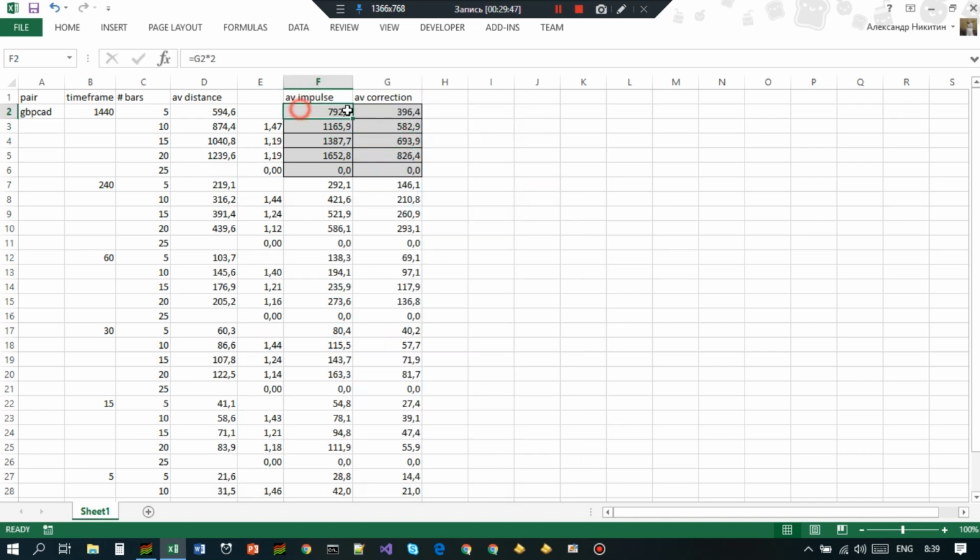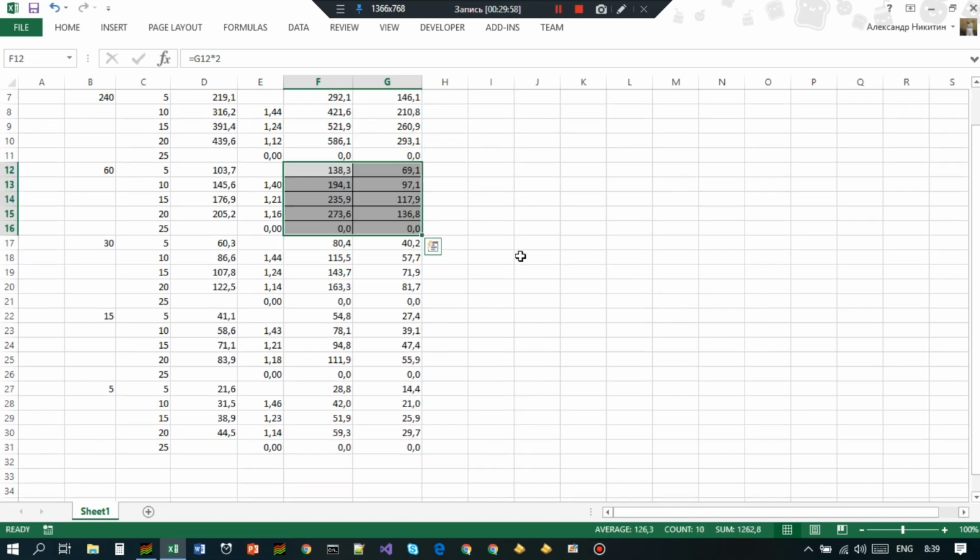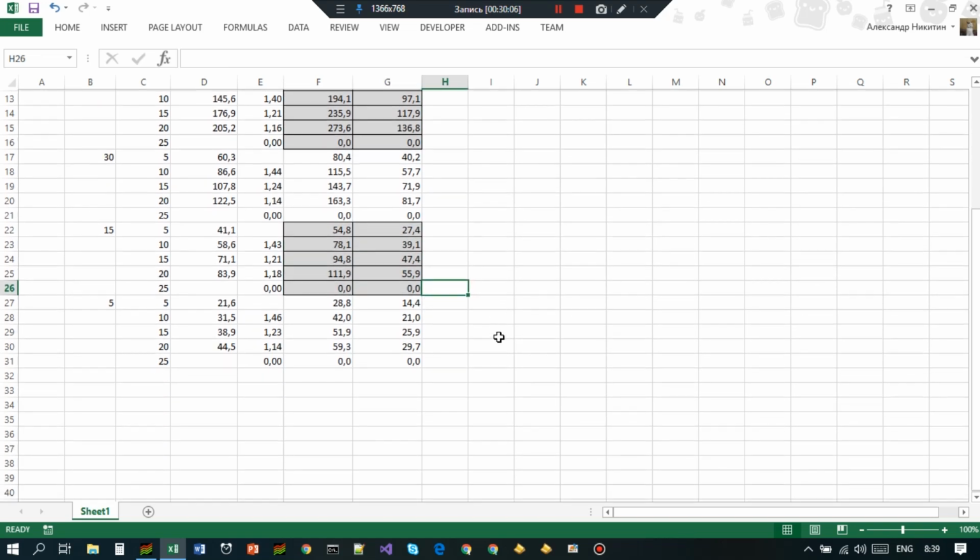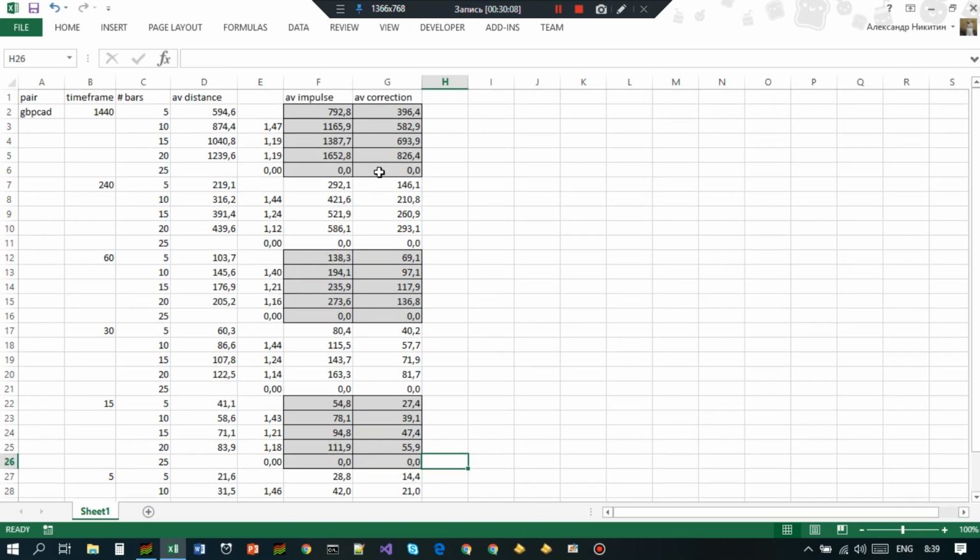I'll go to format, copy the format, and I'll apply it here. Okay, and I will format here, and I will apply it here this way. Okay, so I have some separated blocks.